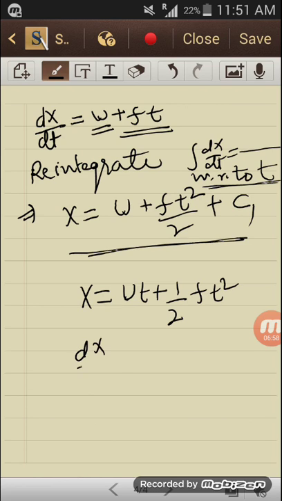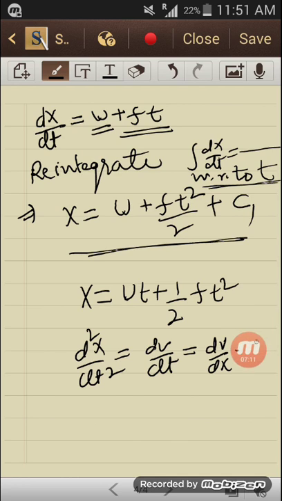Now d2x by dt square equals dv upon dt, which we can write as dv by dx times dx by dt.